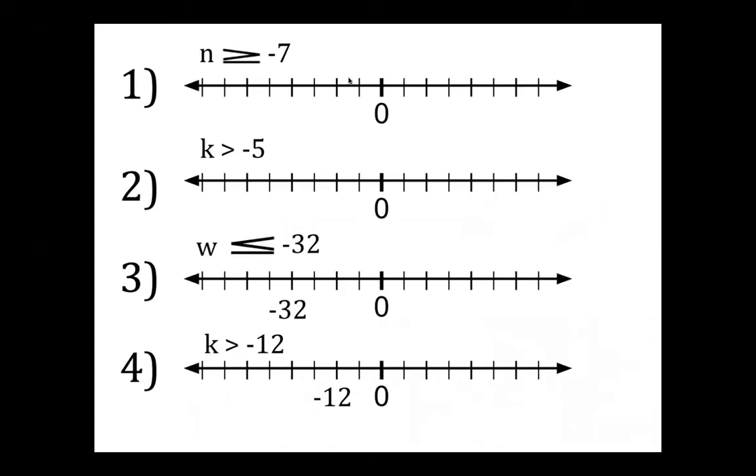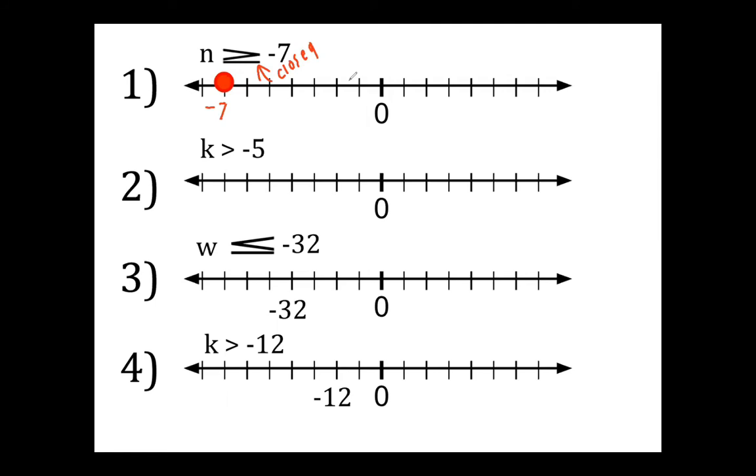Now let's go ahead and graph the inequalities that we solved for on the previous slide. First, we have n is greater than or equal to negative 7. We have the greater than or equal to sign, so we know that it's going to be a closed point at negative 7. Going to go ahead and plot that, and then label that my point is at negative 7.